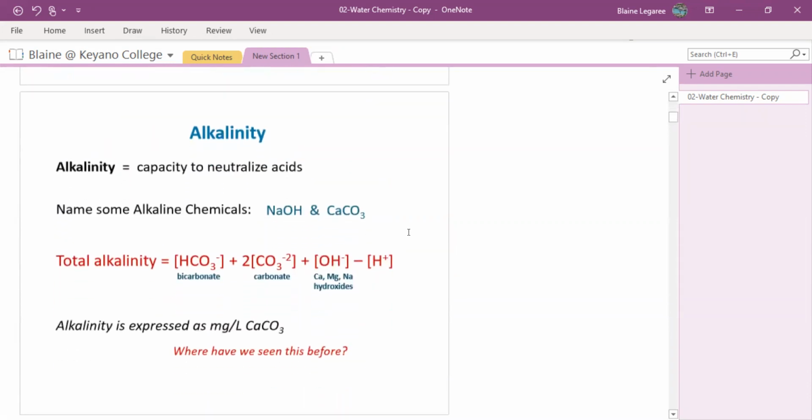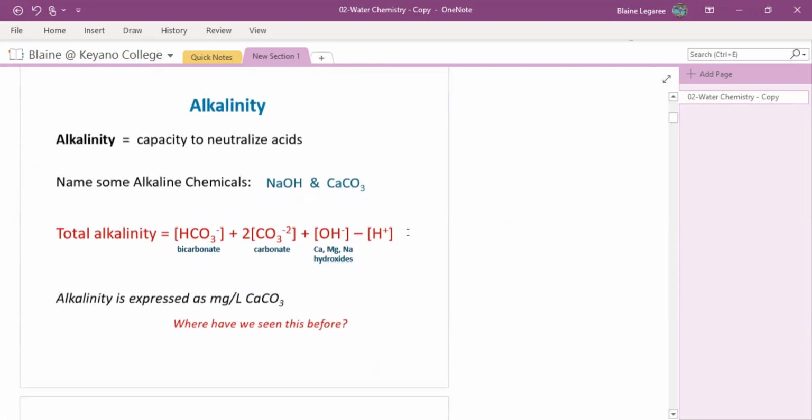So back to alkalinity. Alkalinity is defined as the capacity to neutralize acids, so it's the opposite of being acidic. You're probably familiar with sodium hydroxide, not usually found naturally. Most of our alkalinity is going to come from carbonate, and in many cases limestone, so calcium carbonate.